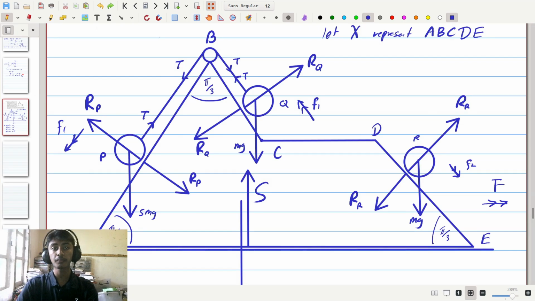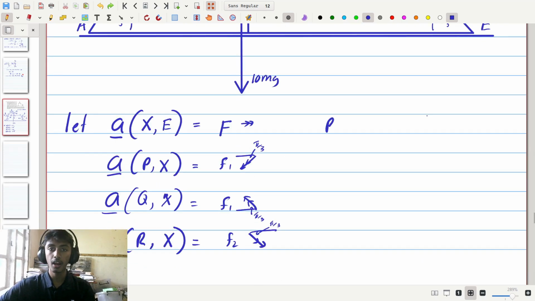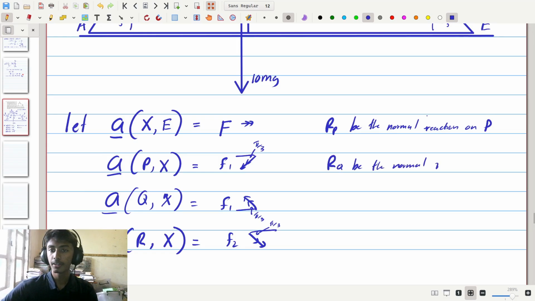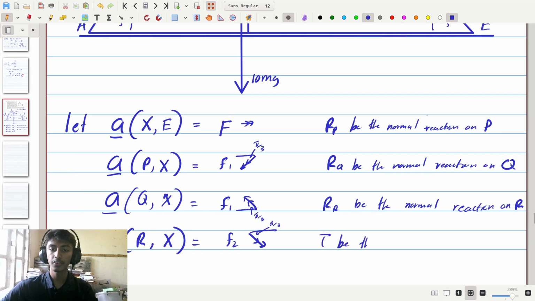And I'll also define T. So we'll say RP be the normal reaction on P, RQ be the normal reaction on Q, and RR be the normal reaction on R, and T be the tension, we'll just say, in the string.